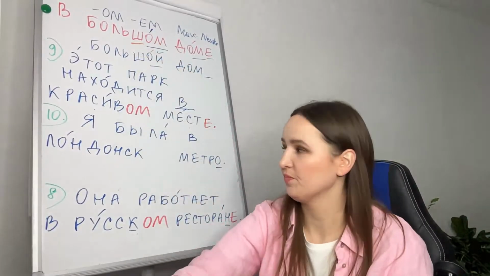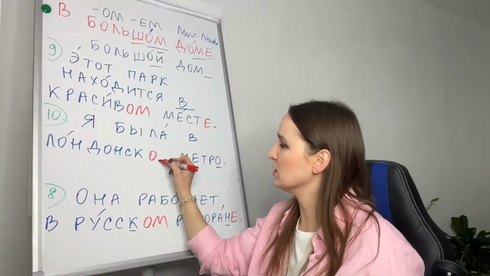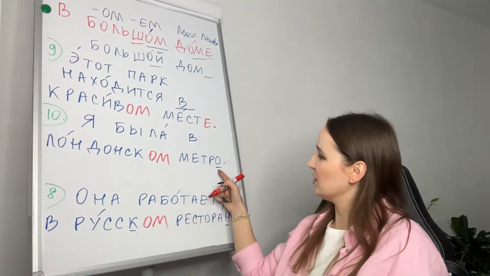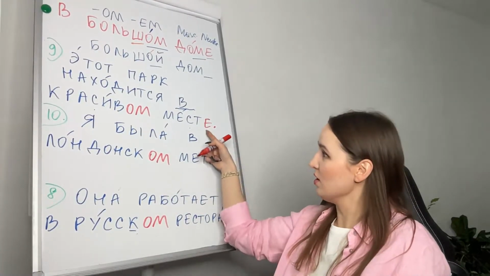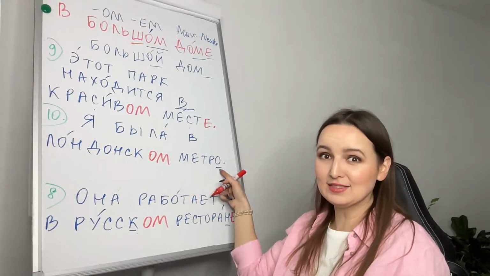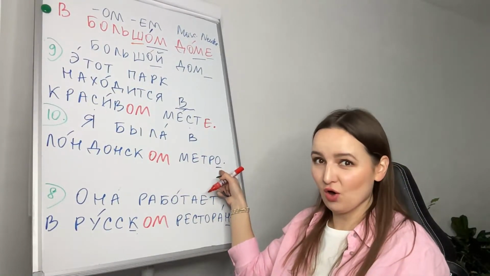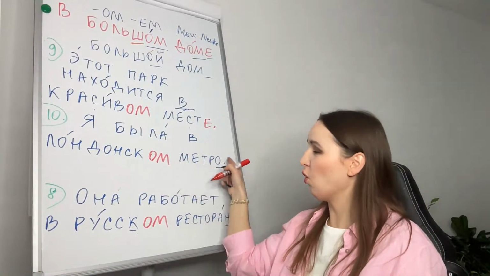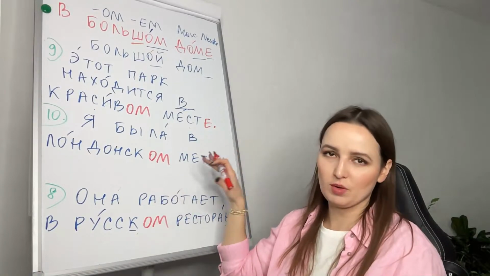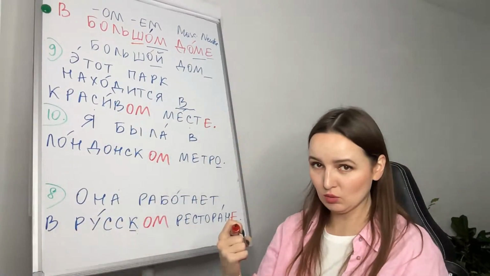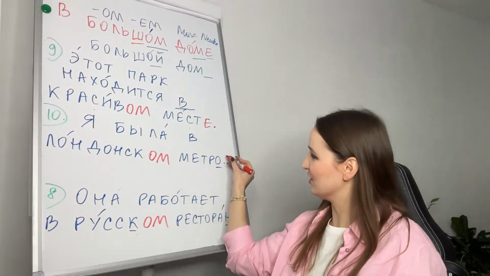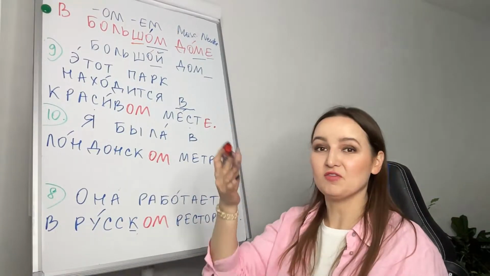В лондонском. And you will tell me, Nastya, this o, as in место, will be replaced with е, right? And I will answer no, because метро will not change. We borrowed this word from another language, so it will remain the same. It will not be в метре.